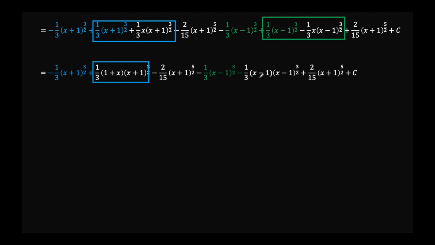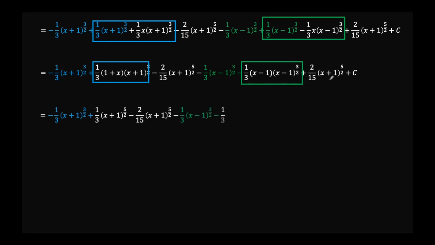When this interacts with this, you have (x minus 1) to the power 1 times (x minus 1) to the power 3 over 2. So this interacts, and we have now together 5 over 2 there. And so minus a third (x minus 1) to the power 5 over 2, plus 2 over 15 (x plus 1) to the 5 over 2, becomes minus 3 over 15. Right?